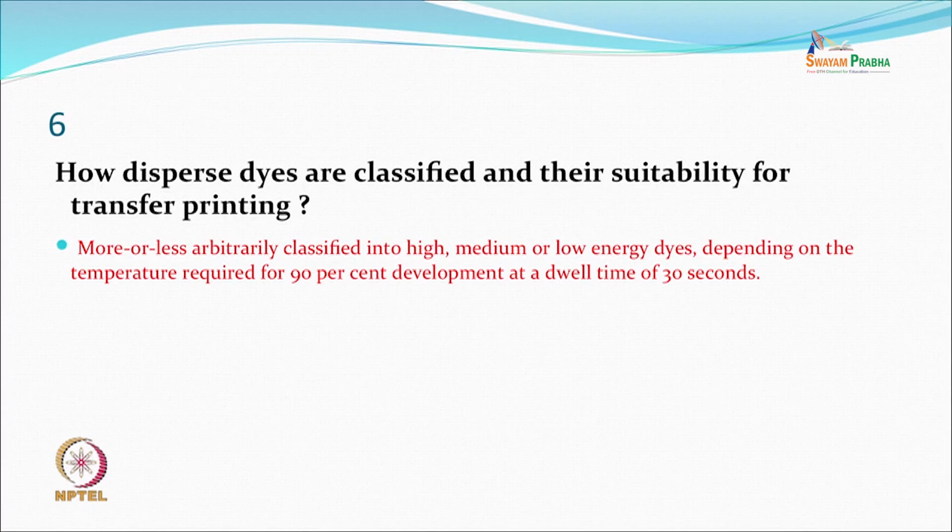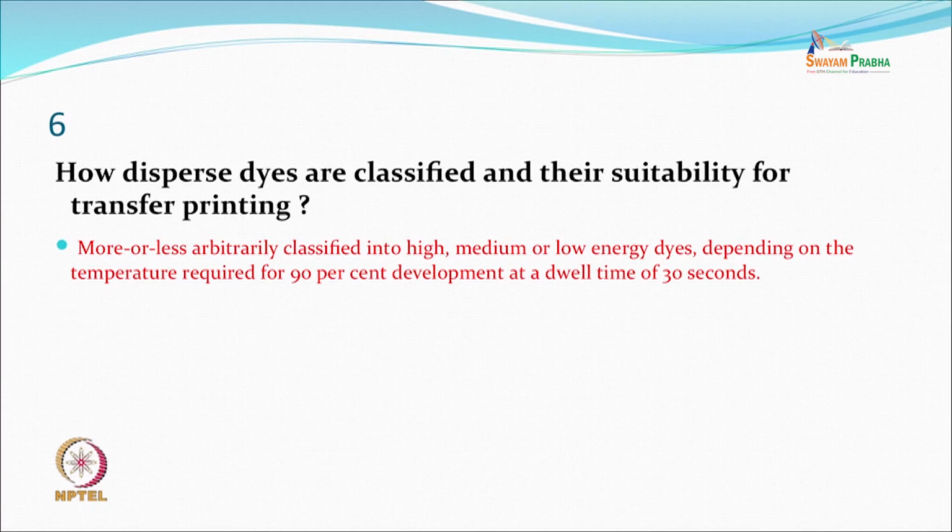So, B and C would come into the medium category approximately, depending upon the temperature required for 90% of development diffusion in a time period of 30 seconds.